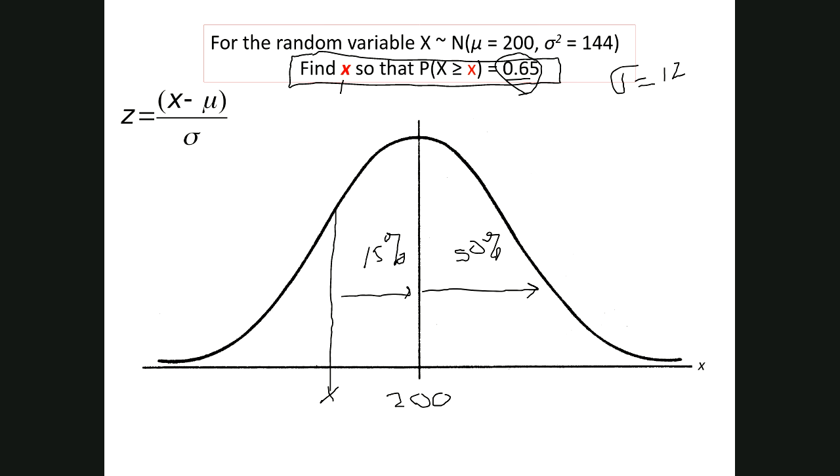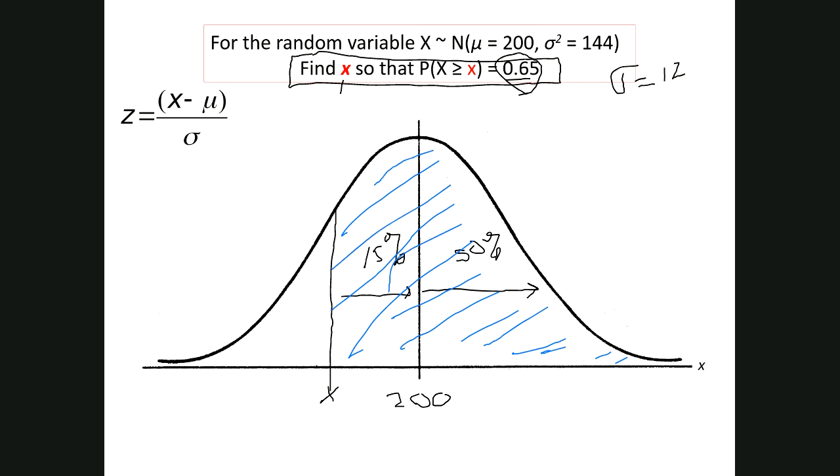And so what that means is that 65% of the probability is to the right of this value, X. As far as we know, the value of our standard deviation in this formula, we know the value of the mean, but we don't know what X is.